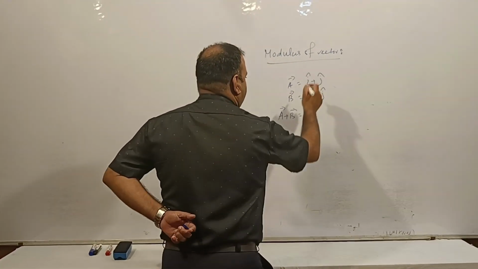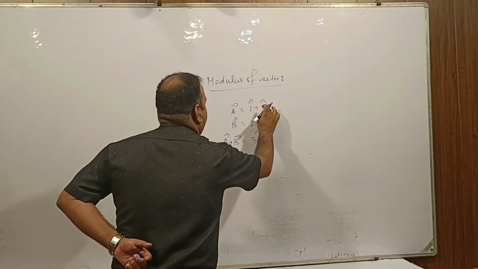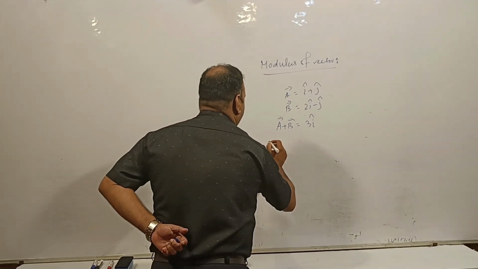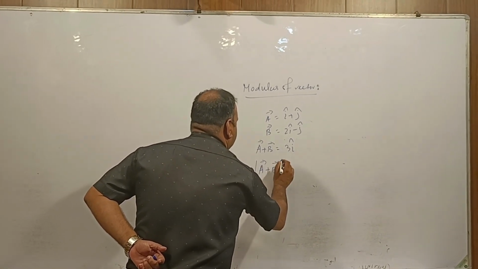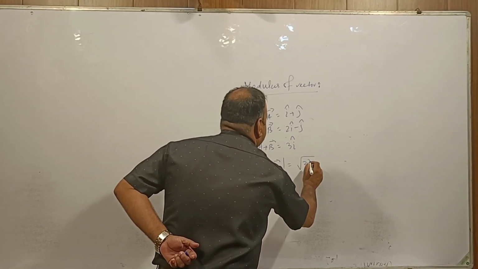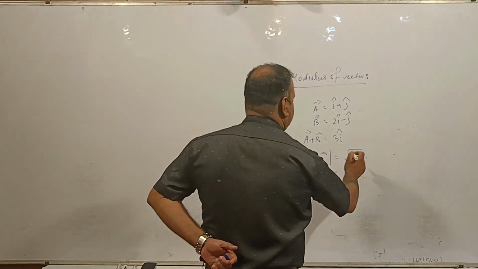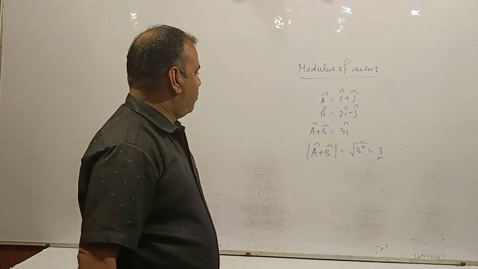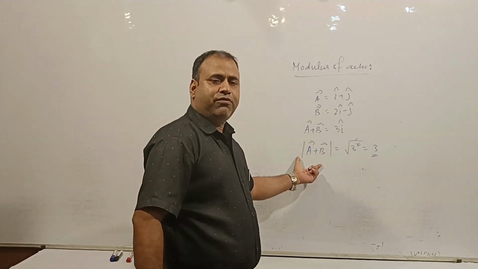We can write I plus 2I, that means it will be 3I, and j minus j will be 0, so no need to write. Therefore modulus of A vector plus B vector will be under root 3 square. This is the meaning. So as a result you will get 3. This is called vector modulus in terms of addition.